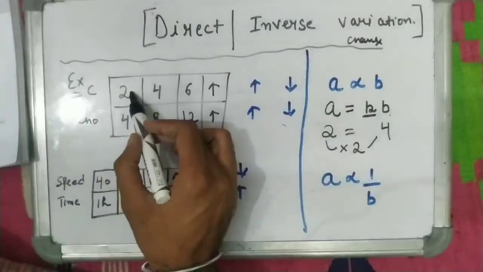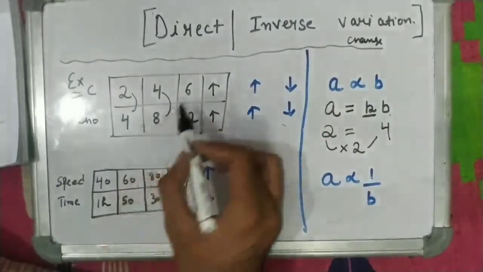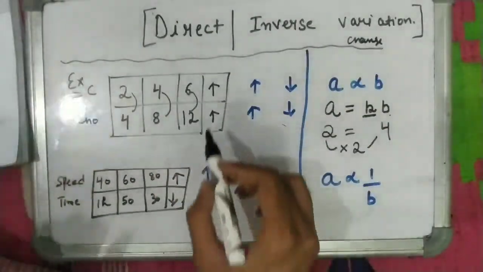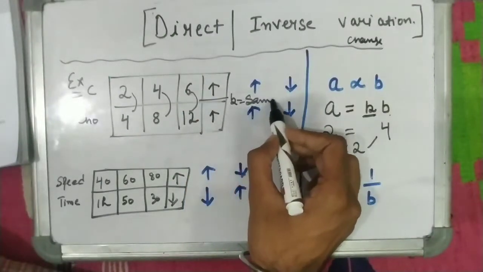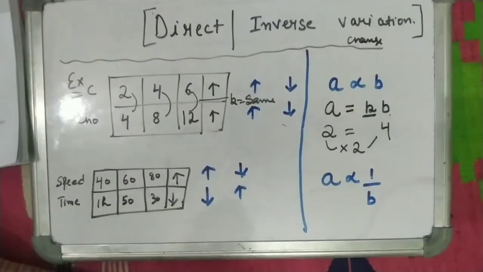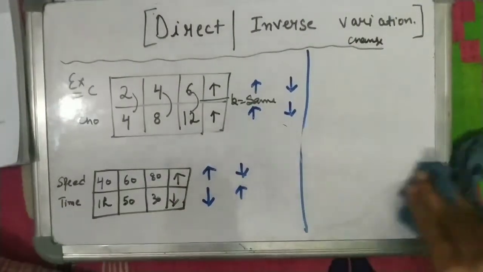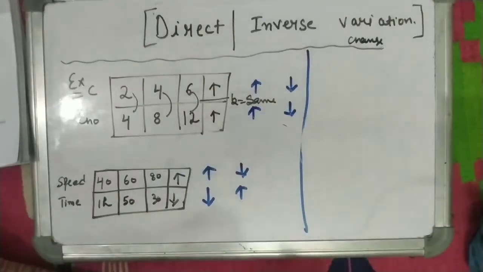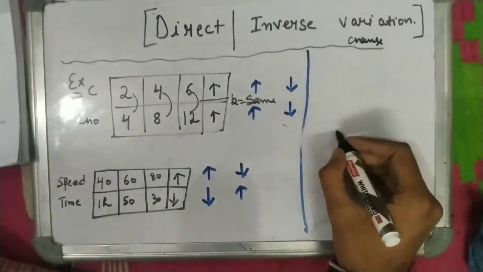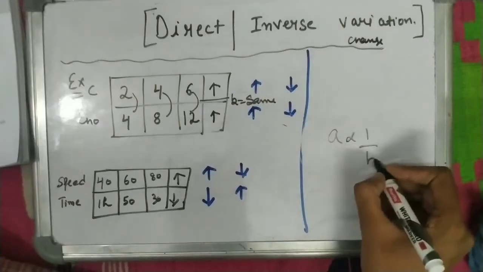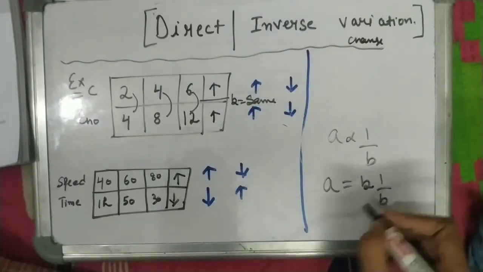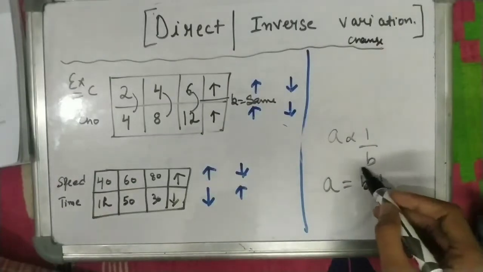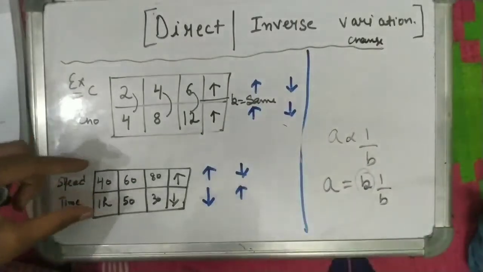Here we also multiply with 2, here we also, and here we also. I mean to say that the value of K remains the same, and here the K value is 2. Next, inverse variation means 1 by B, and here A is equal to K times 1 by B. K means a number by which it relates.